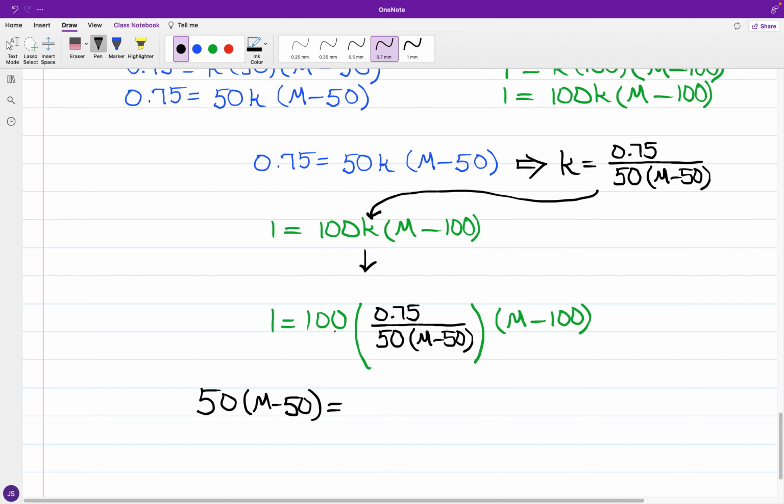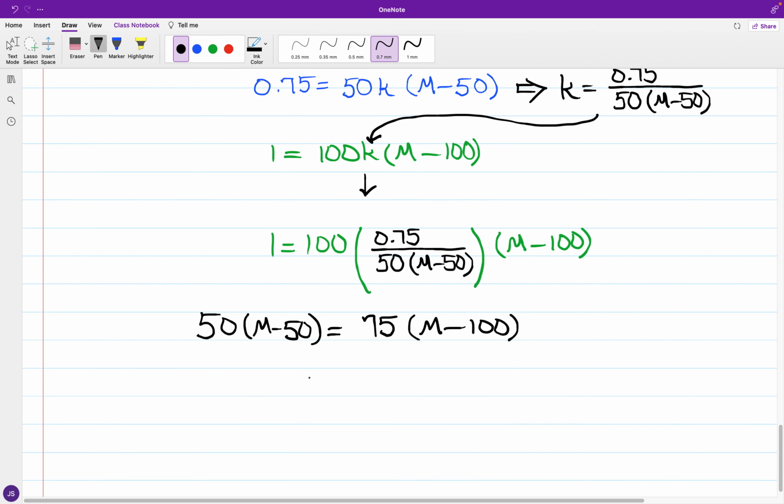Working across, I have 100 times 0.75, so that is going to be 75 times the quantity of M minus 100. And you're going to have like terms on opposite sides of the equation. The value of M that will make both sides equal comes out to M is equal to 200.